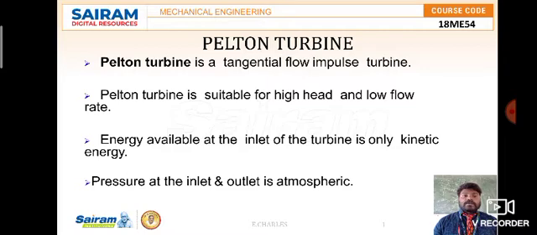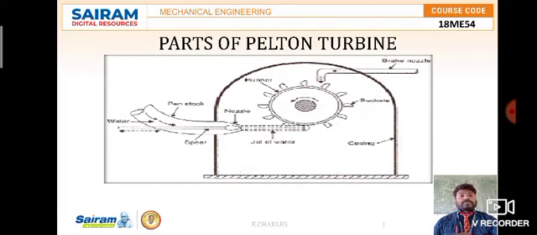At the inlet of the turbine blade, when water comes and hits, it will have kinetic energy. Then the pressure at the inlet and outlet is atmospheric pressure. So only atmospheric pressure is taken in this Pelton turbine.